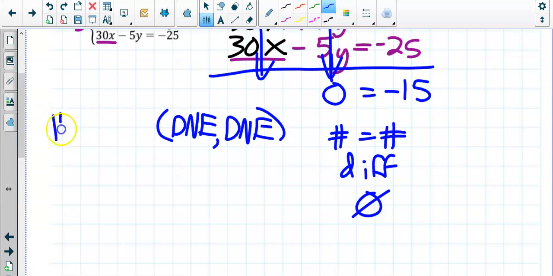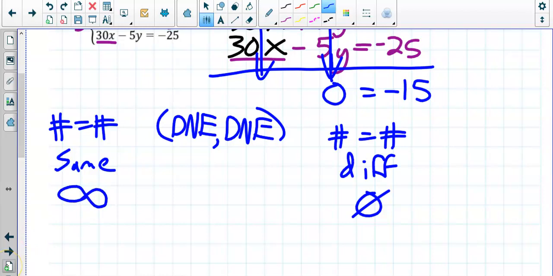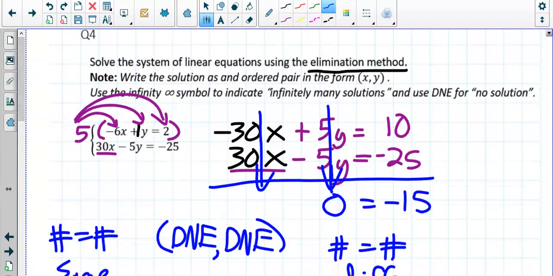What happens if you have a number equal to a number and they were the same? That's an infinite solution. Yeah, infinity, all the same. You'd put the infinity symbol, comma, infinity symbol, or wherever the infinity sign is. Okay? Any questions on number 4?